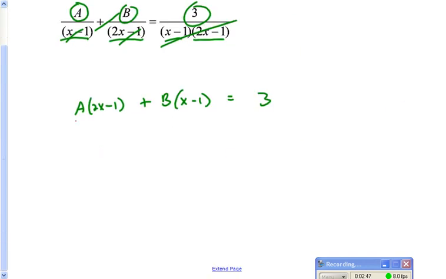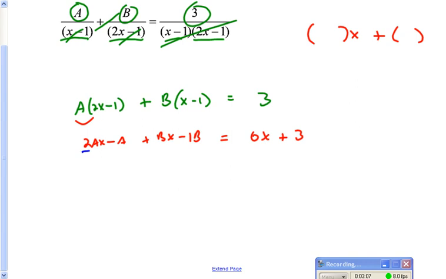Alright, distributing, I have putting your coefficient first, 2ax minus a plus bx minus 1b equals 0x plus 3. Remember, I'm going to write it in terms of some number of x's plus some constant.